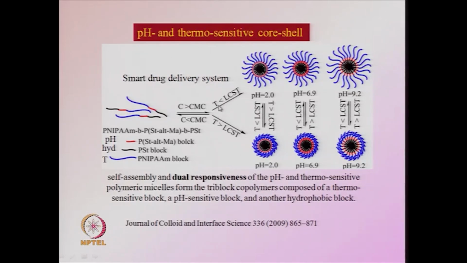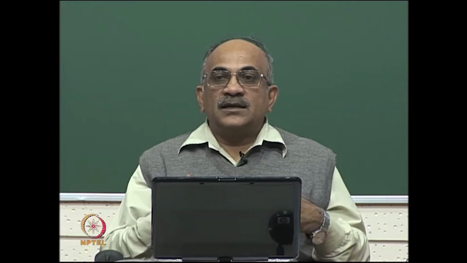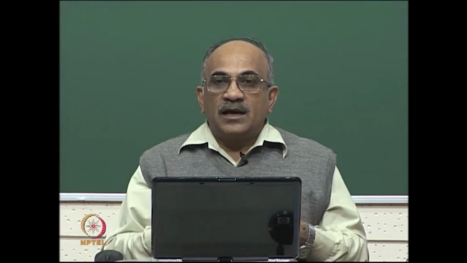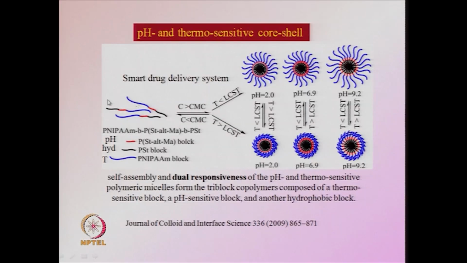Okay. So, when the temperature is lower than the lower critical solution temperature, it is kind of in the dissolved state. We say the critical solution temperature is the temperature when you are in the kind of a dissolved state, and above the critical solution temperature it starts agglomerating.